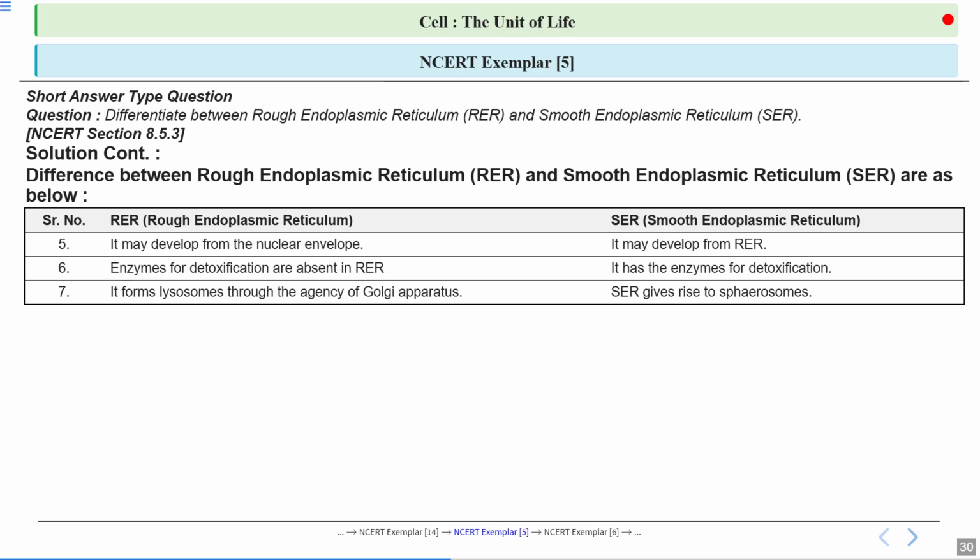See, the Golgi apparatus is mostly confined or near to the RER because the protein synthesized in the RER is transported to the Golgi apparatus to get modified, right? And it forms a particular vesicle-like structure, and it is pinched off from the Golgi apparatus. So sometimes the lysosomes are also pinched off from the Golgi apparatus and they are formed from this RER only, right? But the spherosomes are formed from the SER, a very important information, right?